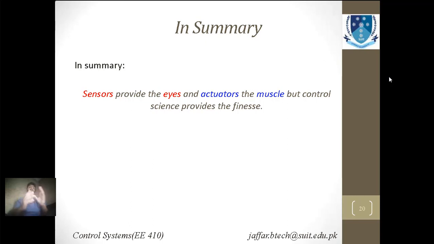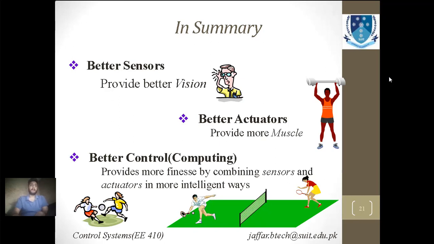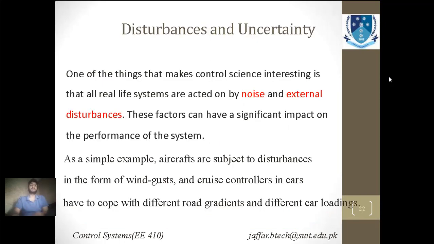If you have good sensors and good actuators, it means that you are going to the fineness of the control side. Best sensors provide better vision, best actuators provide more muscle, and best controls mean the computing, the processing speed, and other factors involved in it. So the output will be really great.